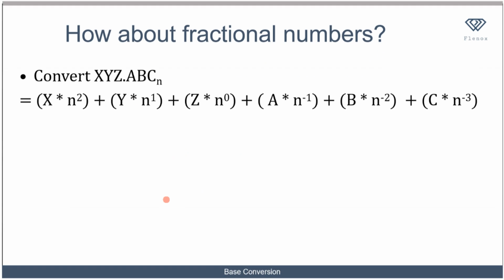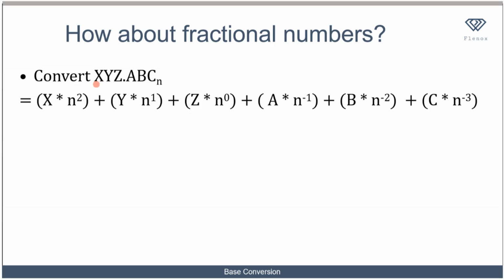Now we are going to consider fractional numbers. So how do we deal with fractional numbers? Let's say we have a number xyz.abc in base n, and we want to convert it to base 10. How do we go about this? As you will know, we have dealt with the whole number part in the previous example.